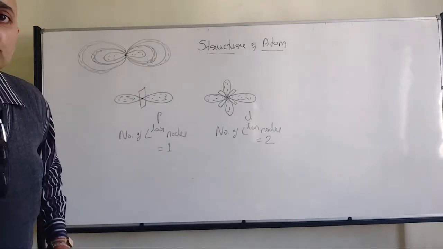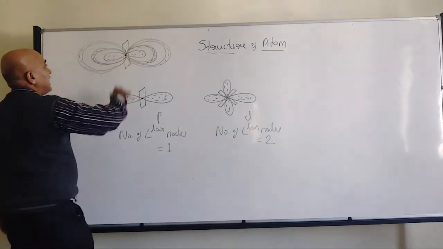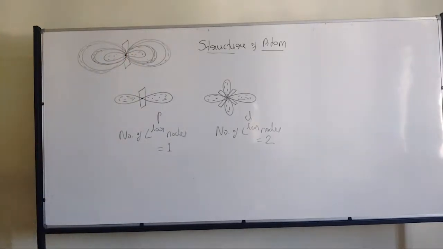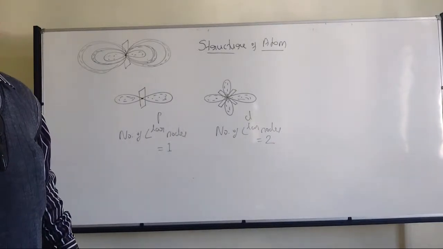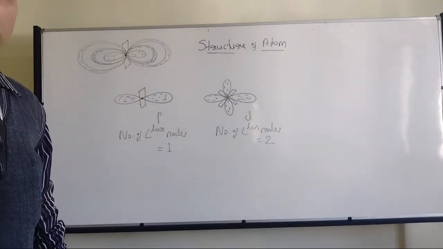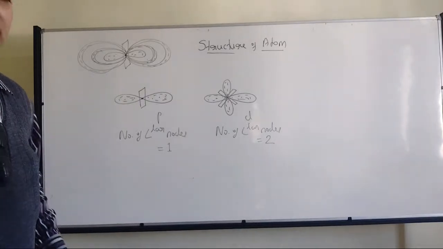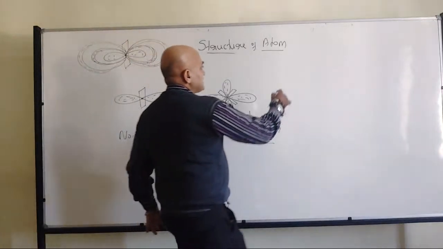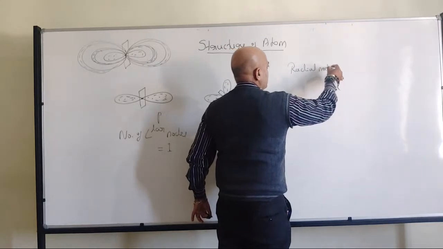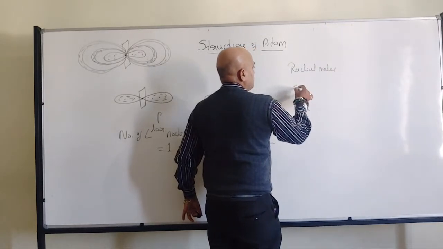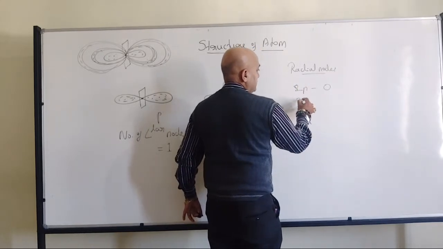But angular nodes are constant. That's what you should keep in your mind. As I increase the n value from 2p to 3p, 3p to 4p, 4p to 5p, if I see with respect to the radial nodes, then for 2p the radial nodes will be 0.